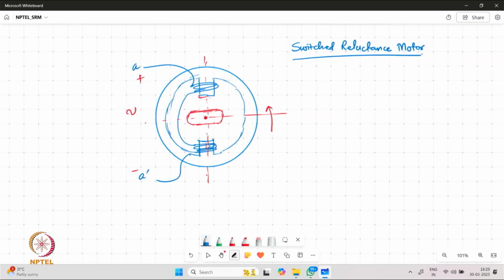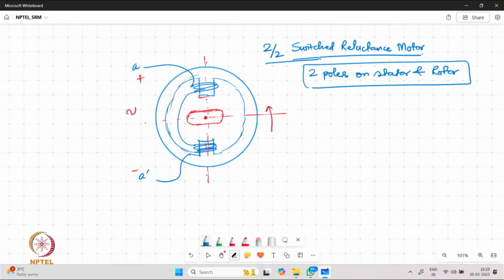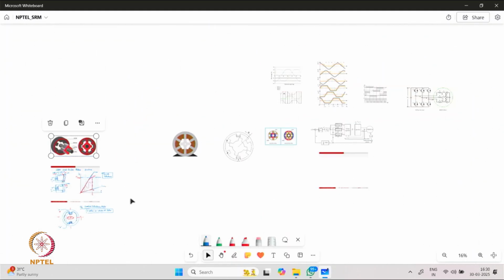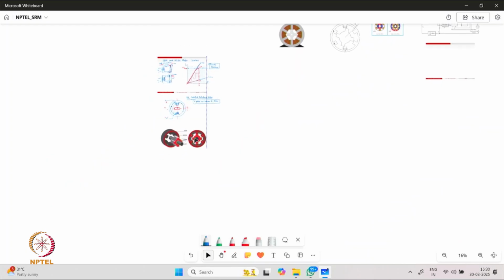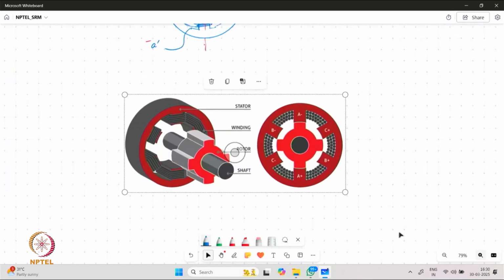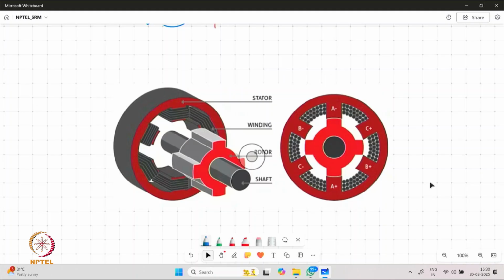And because we are talking about a very simple structure where we have two poles on the stator and two poles on the rotor, it can be called a 2x2 SRM. Now if we see from the constructional point of view, a more practical SRM may look like this.